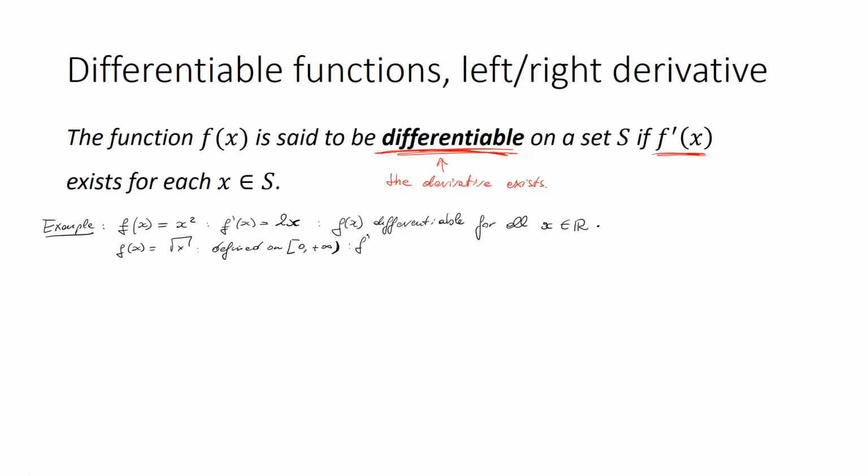We've already established f prime of x is 1 over 2 square root of x for x bigger than 0. So we know it's differentiable for all x greater than 0. But now, what about x equal to 0? At the previous slide, we left it off saying that we can't say anything about x equal to 0 because the limit doesn't even exist there.